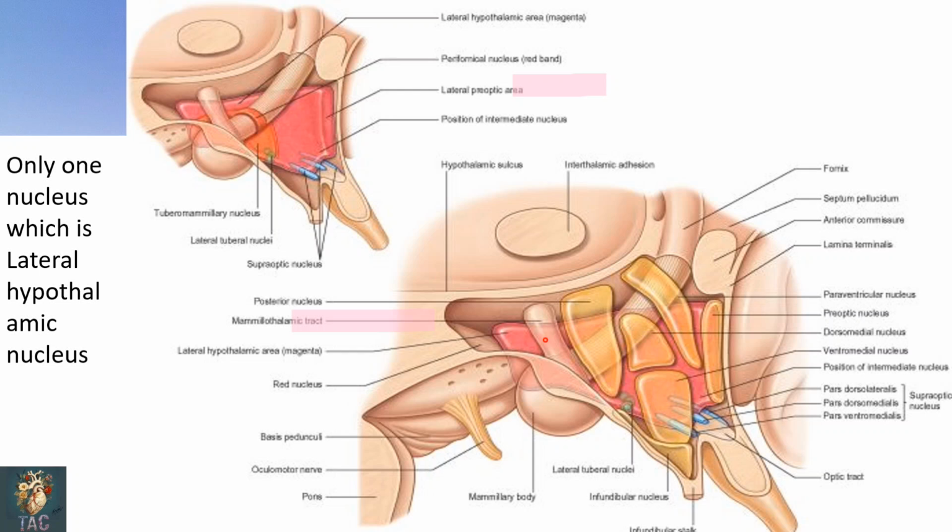And this pink again over here, in this area you can see the lateral preoptic area, and here you can see portions of the intermediate nucleus. These are the supraoptic nuclei which are present over here. So the medial group of nuclei is present, and in pink color you can see the lateral nucleus in the lateral zone, and these are separated from each other by the thick limb of the fornix.